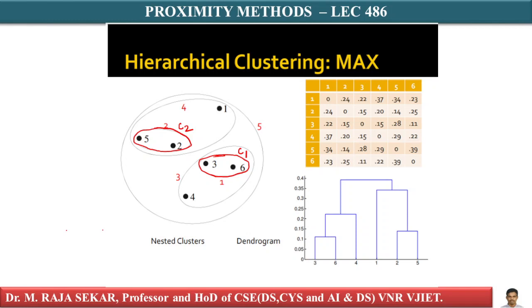Now comes the fun part. I have my 4 clusters: in the first cluster, I have 3, 6; in the second, 5, 2; in the third, 4; in the fourth, 1.